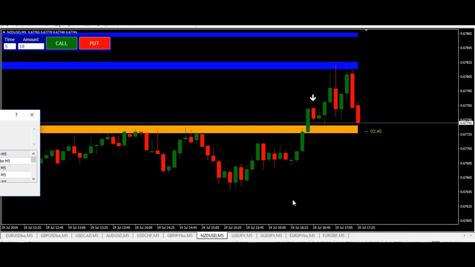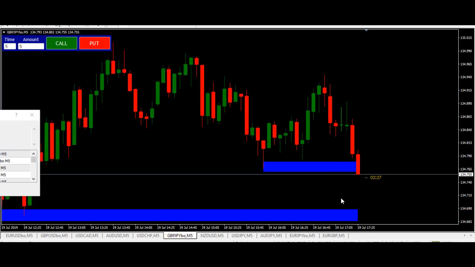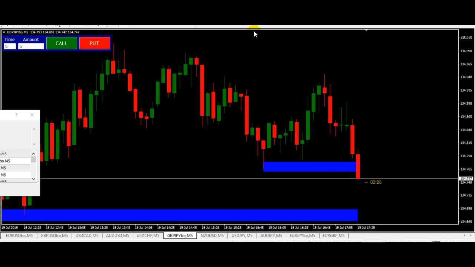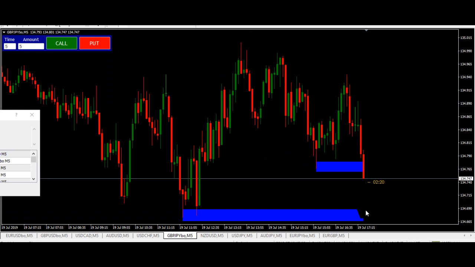You can see the three things we are actually looking at, the three pairs: NZDUSD, GBP JPY. Here we are expecting a reversal, but we should also be careful because we have another bigger support below.